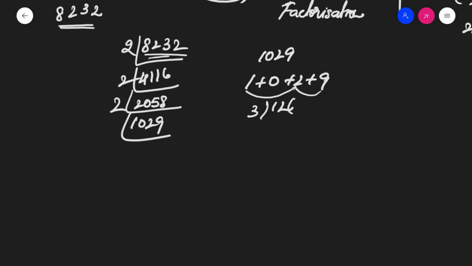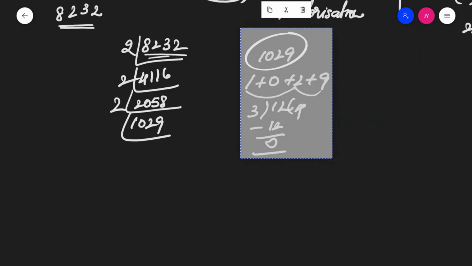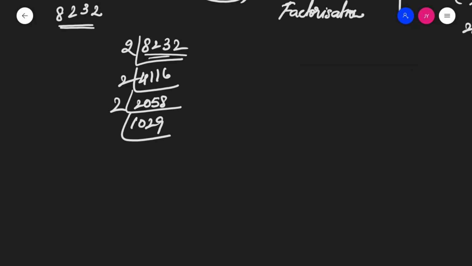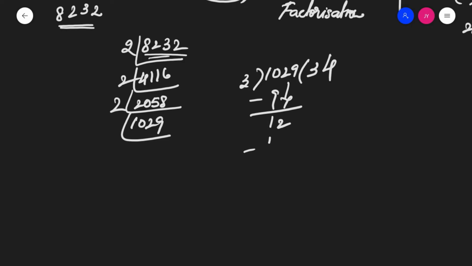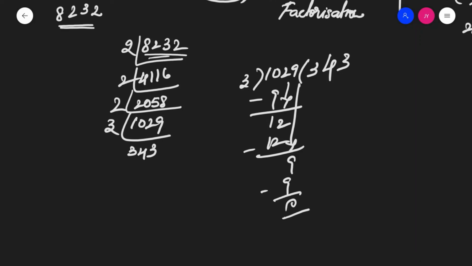Is 12 divisible by 3? Yes, 3 fours are 12. So the whole number 1029 is actually divisible by 3. So let's divide it. 1029 divided by 3: 3 threes are 9, we get 1, 2, 4s are 12, 9, 3 threes are 9. We get 343 when divided by 3.